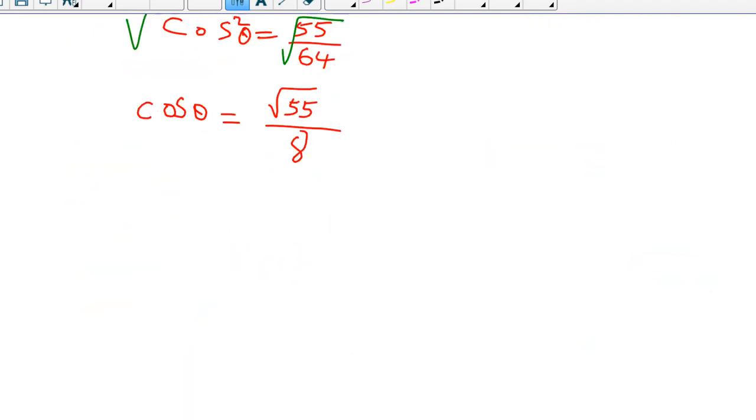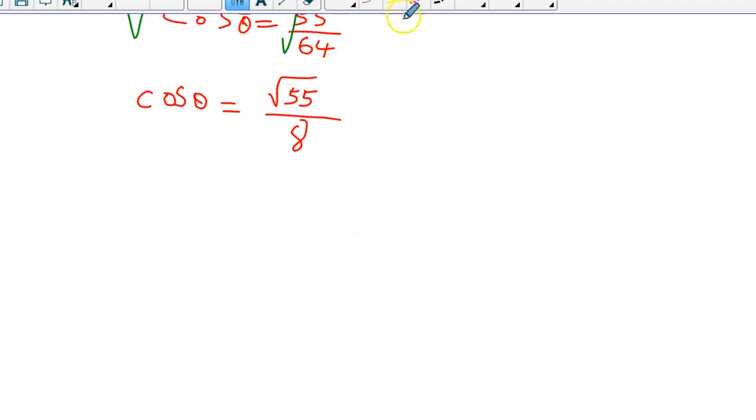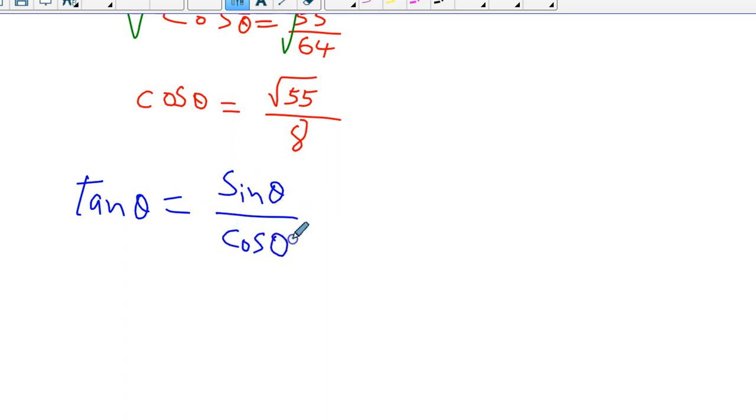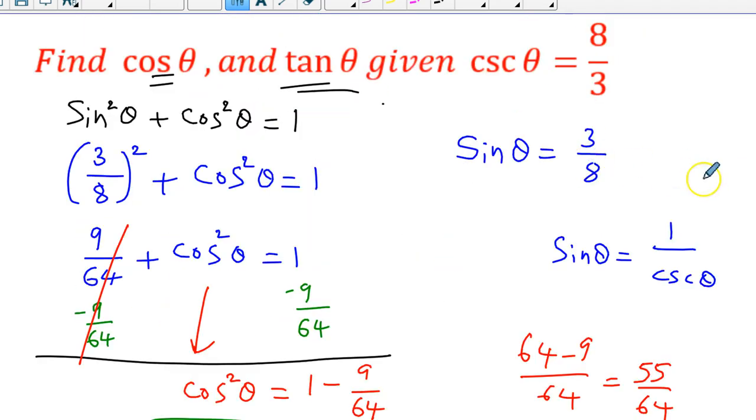So from that, tan theta is equal to sine theta over cosine. My sine is 3 over 8, I think. Yeah, it's 3 over 8, divided by, I have it up there, let me show you, 3 over 8, yeah.